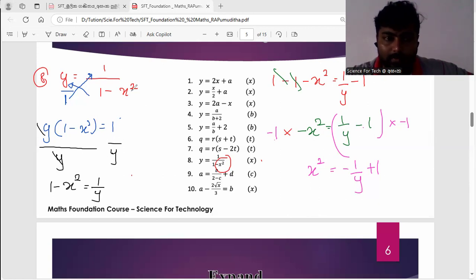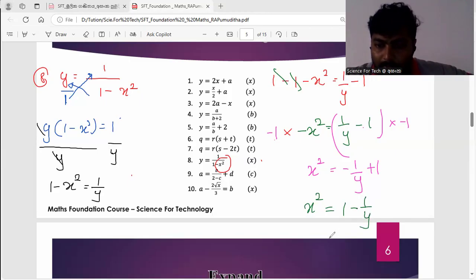Did you understand that part? Understood. Okay. Then we usually keep plus signs in front of any expression. So I can write x squared equals 1 minus 1 divided by y. Then we have to make x the subject, so I should remove this x squared.